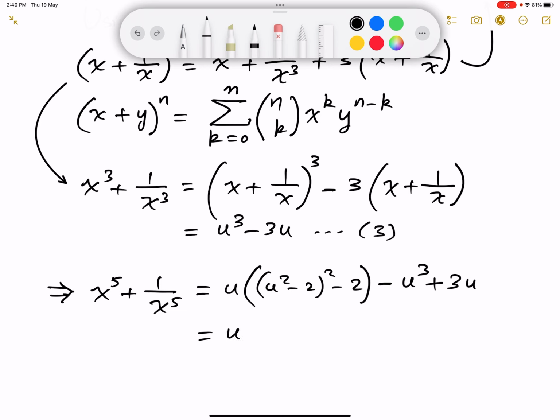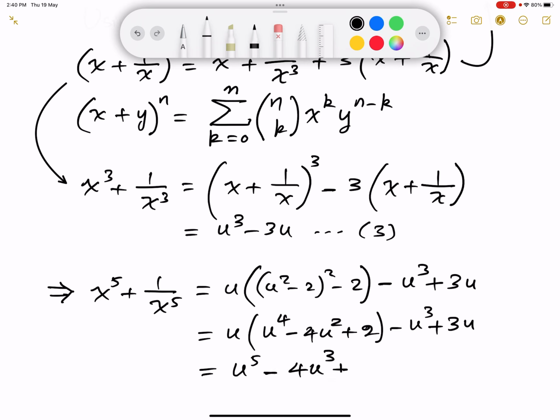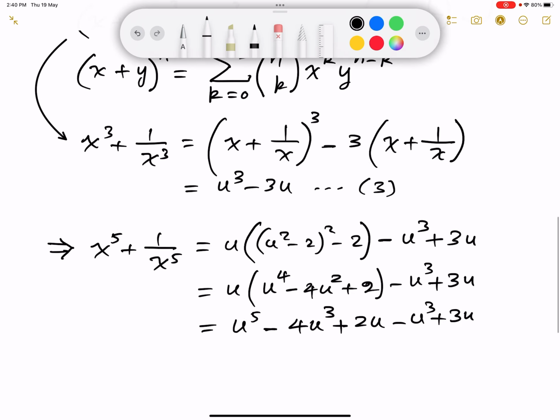This can be simplified as follows. (u squared minus 2) all squared is u to the power 4 minus 4u squared plus 4, minus 2, that's plus 2, and minus u cubed plus 3u, and we can distribute the u here: u to the power 5 minus 4u cubed plus 2u minus u cubed plus 3u, and this can be simplified as u to the power 5 minus 5u to the power 3 plus 5u.